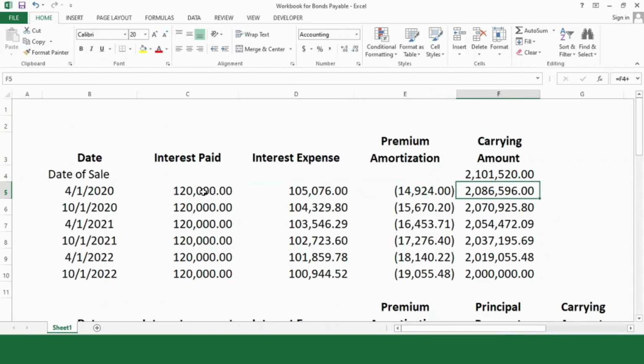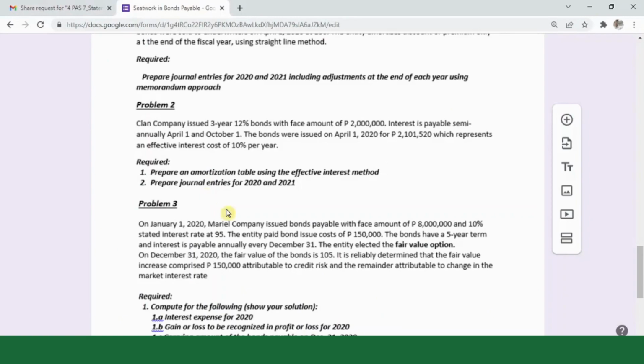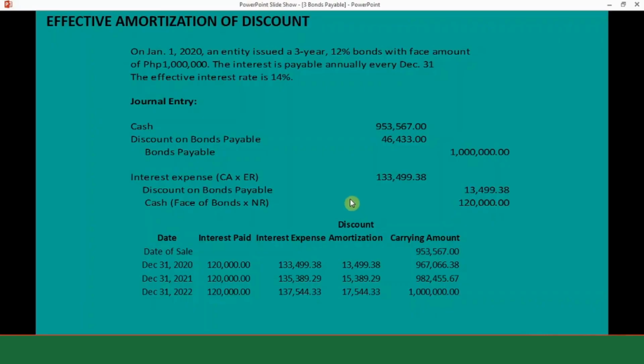Then, it will be reflected doon sa carrying amount ng bonds payable hanggang sa mag-come up siya sa face amount ng bonds from the time na mag-mature na ang bonds. Okay? So, iyon iyon. That's our example in getting the present value factors for a problem kung saan interest is being paid semi-annually.